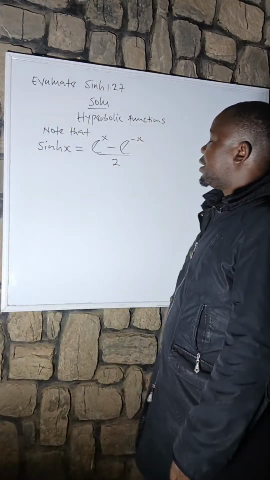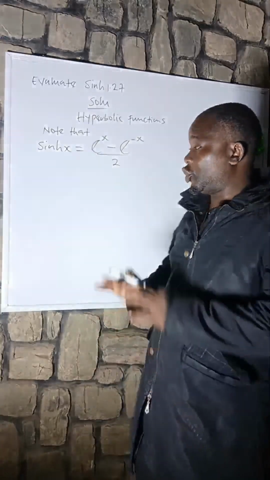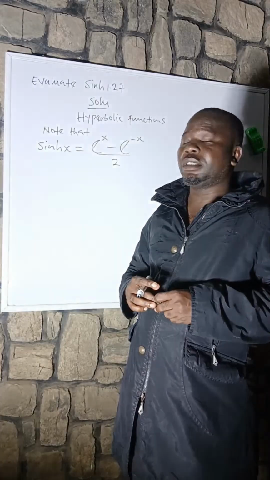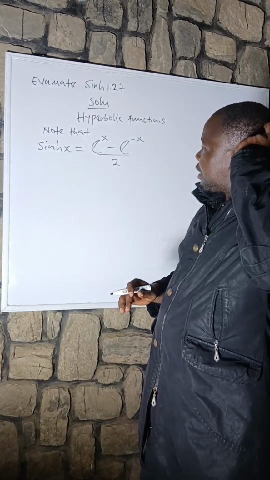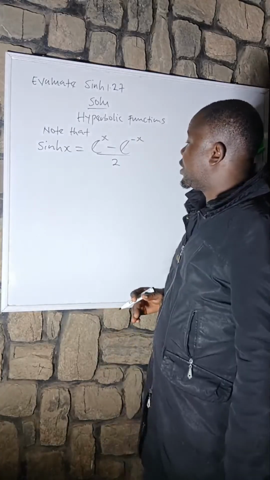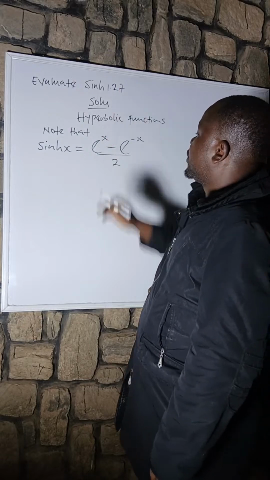I'm not going to finish this. You finish it yourself. I will just show you how you are going to do it. Is that clear? Then you finish it. I'll just direct you. So they said evaluate sinh 1.27.